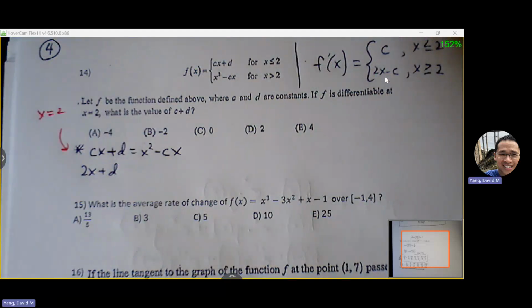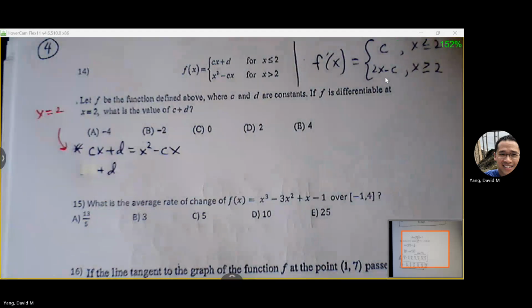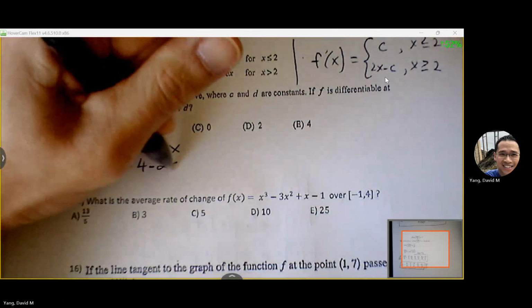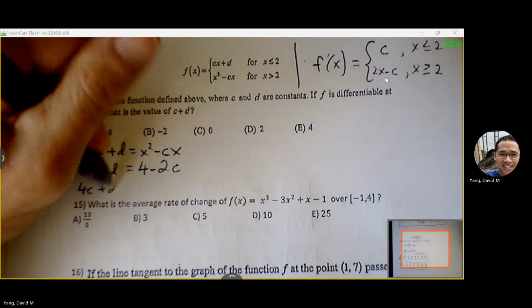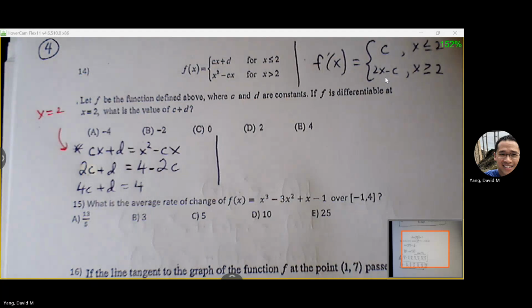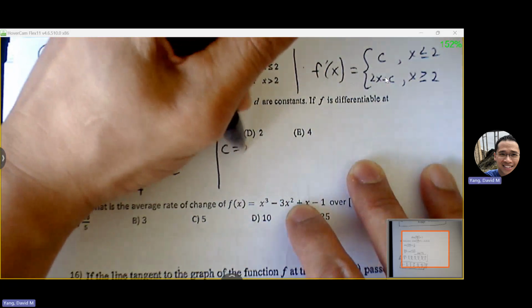Sorry, 2c, not 2x. Okay. c equals 2x minus c.